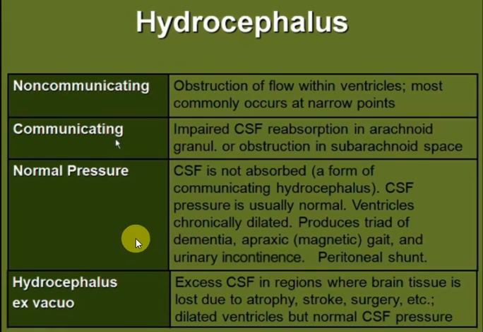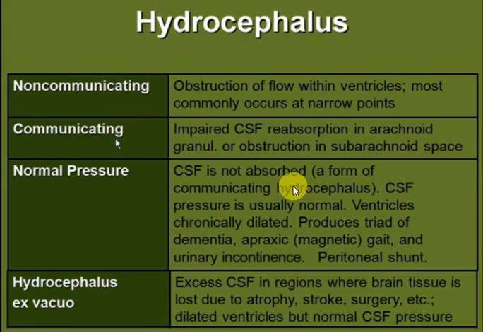Another form of hydrocephalus is normal pressure hydrocephalus, which is just like a communicating hydrocephalus, because it's an absorption problem in the elderly. There is neuronal loss and atrophy of the brain, so the ventricles are chronically dilated.